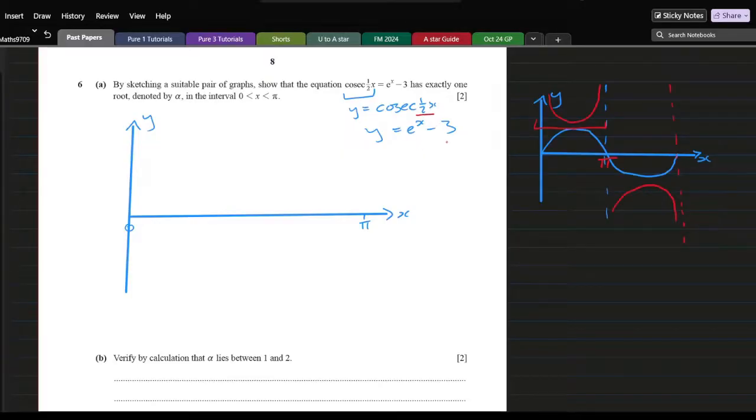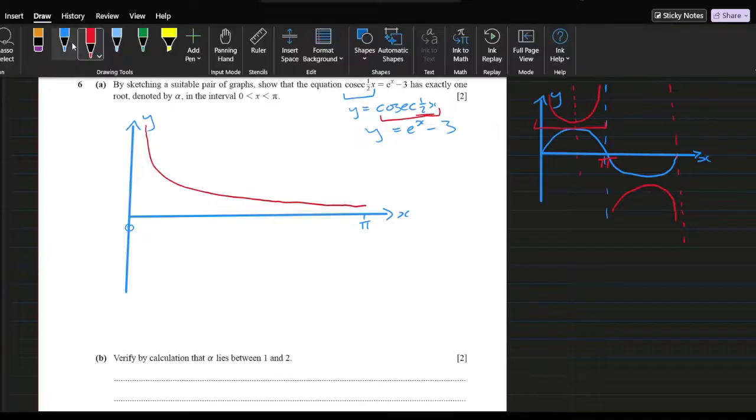So what it means is that we'd actually have half of that graph between 0 and pi, so it would actually end there. So in fact, what you'd have from 0 to 2 pi would look something like this, right? That would be y is cosec half x.